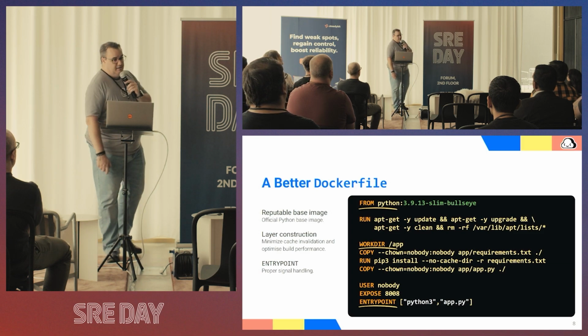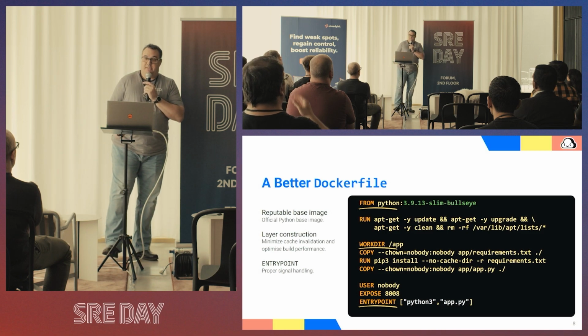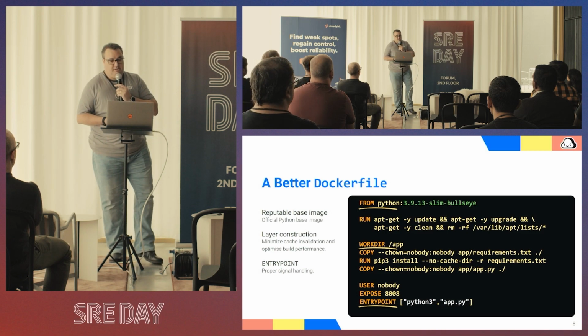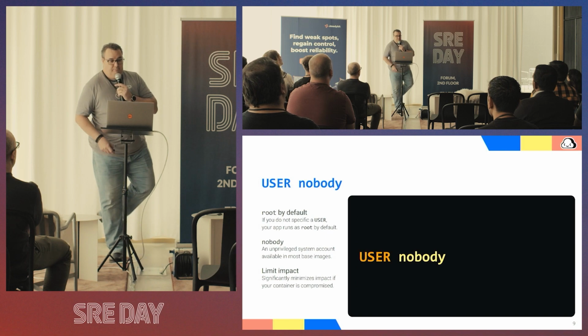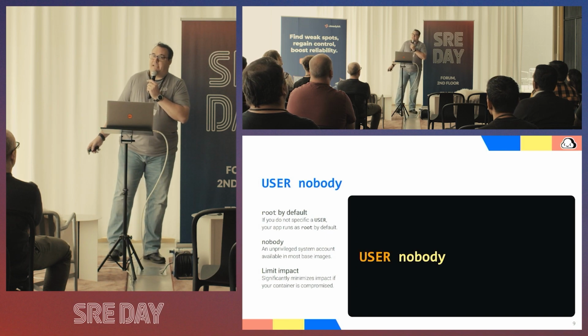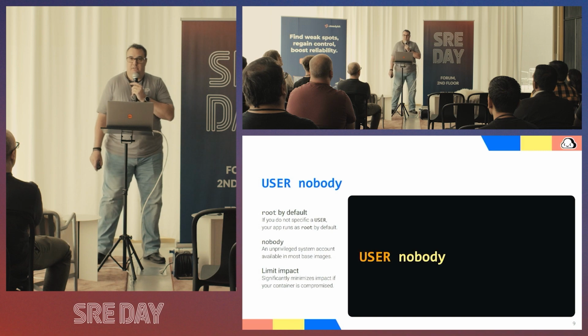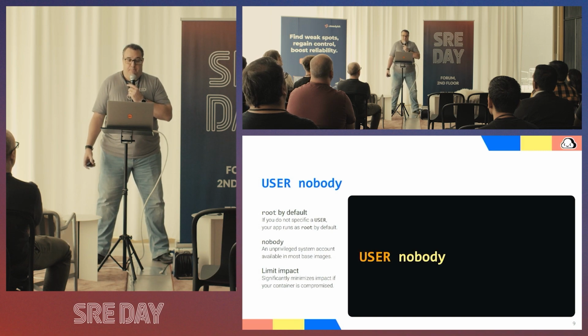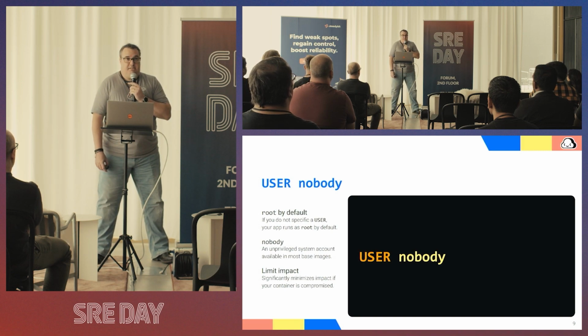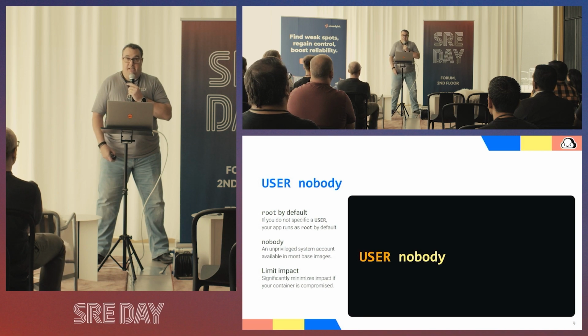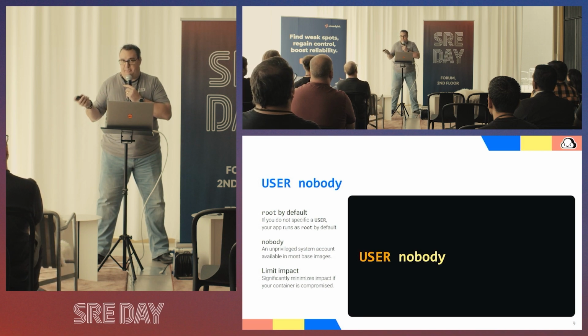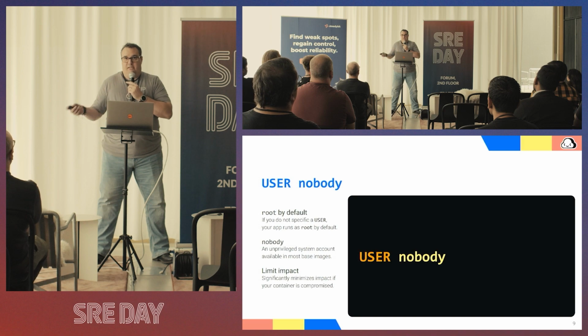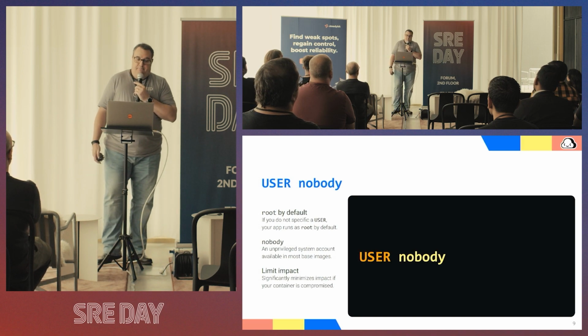But there are a few things here that specifically help with container security, so let's take a quick look at some of those. If you don't specify a user in your Dockerfile, your app will run as root. Nobody is an unprivileged system account, and that's available by default in Debian, Ubuntu, RHEL, Alpine, Distroless, and the list goes on.